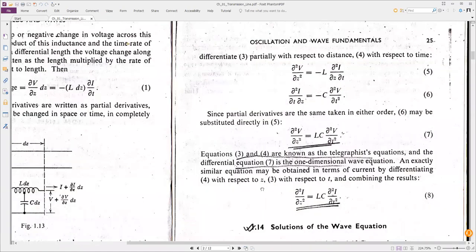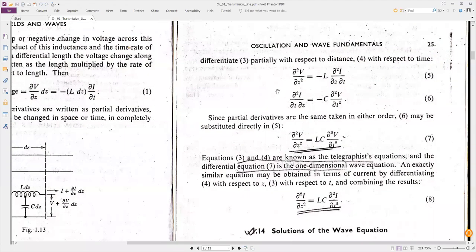Let's see. Differentiate 3 partially with respect to distance, the first one with respect to distance, the second one with respect to time. Then what will happen?